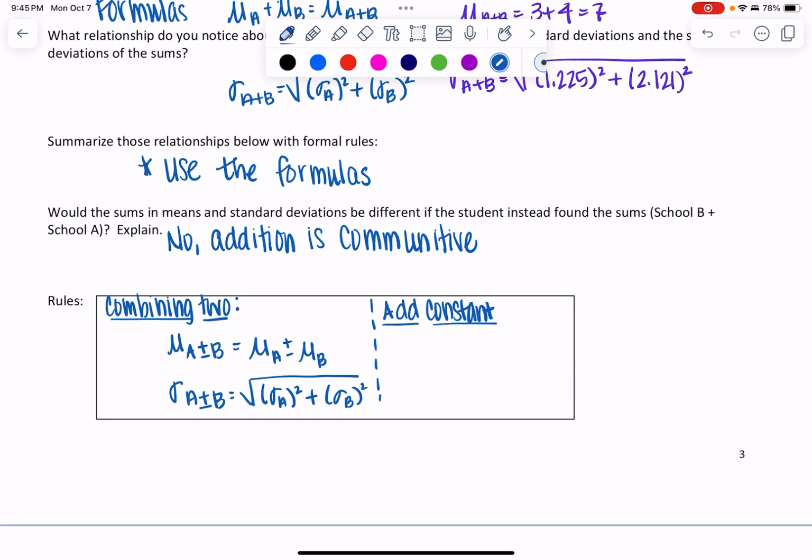And that does, let's see, for mean, that is mean plus constant. And for standard deviation is equal to the standard deviation. If I want to multiply a constant, and actually I'm out of room in this box, so we'll just put it outside.